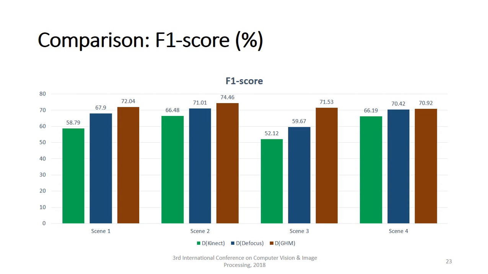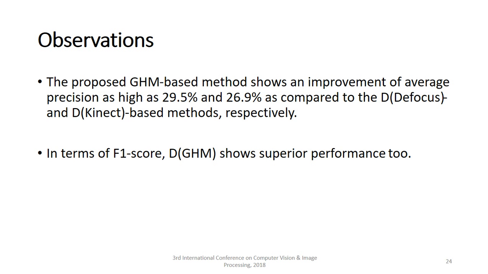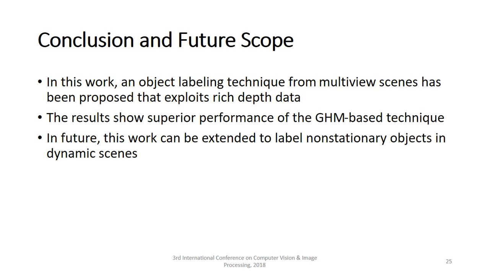We achieve as high as 74.46% F1 score using our method in all the scenes. So what we can observe from these figures, our method shows an improvement of average precision as high as 29.5% and 26.9% as compared to the depth from defocus and depth from Kinect based methods respectively, which is a large margin. And in terms of F1 score, our method shows superior performance too.